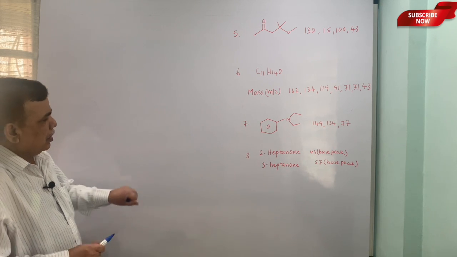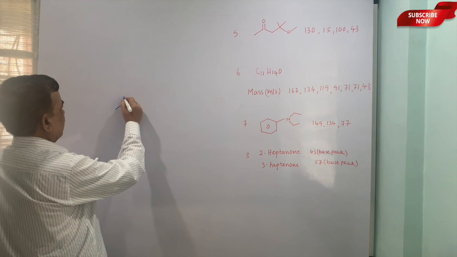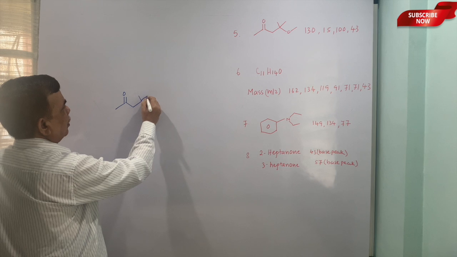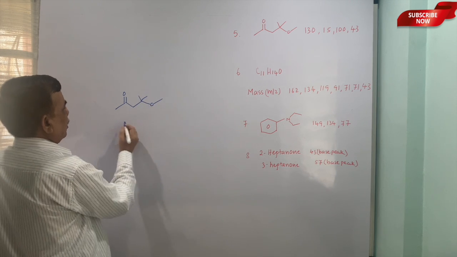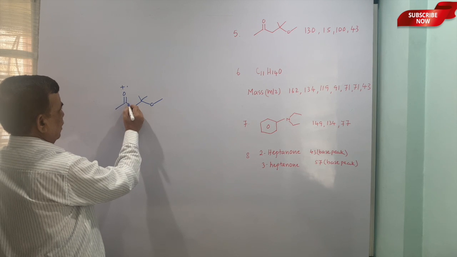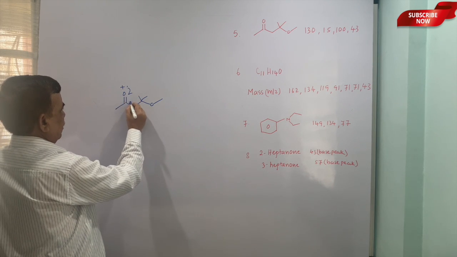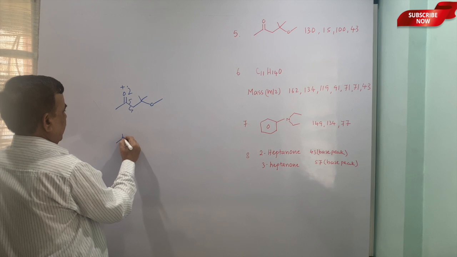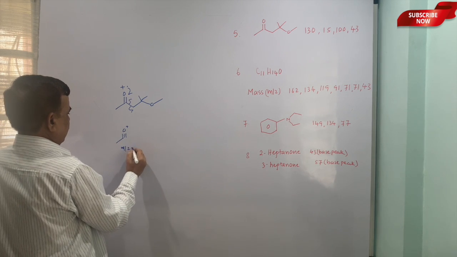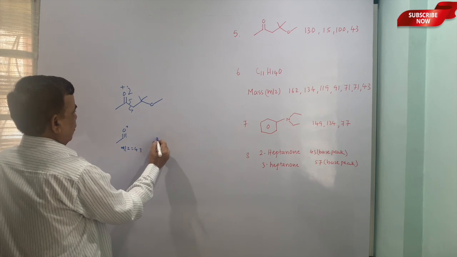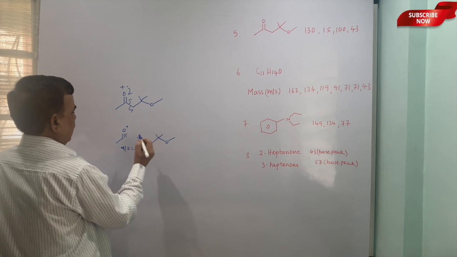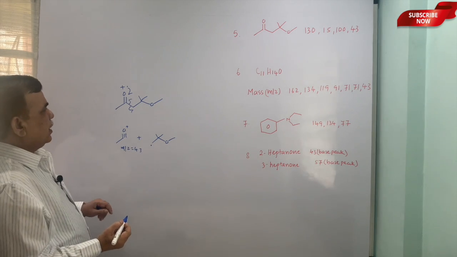So let us write it. First of all, I am showing the formation of the peak at 43. So this is m/z equal to 43, and of course here you are going to have a radical. Okay, so 43 is explained.